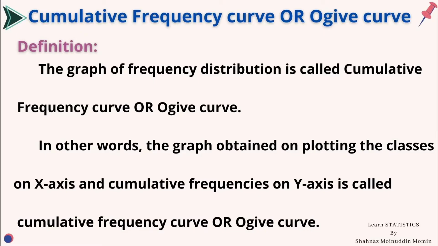In other words, if the graph is obtained on plotting the classes on the x-axis and cumulative frequencies on the y-axis, then it is called a cumulative frequency curve or Ogive curve.